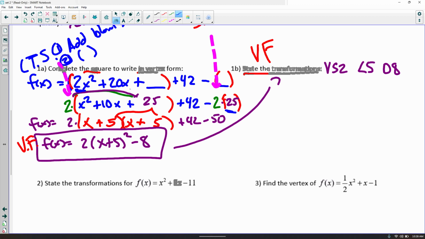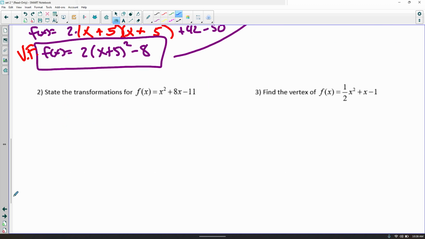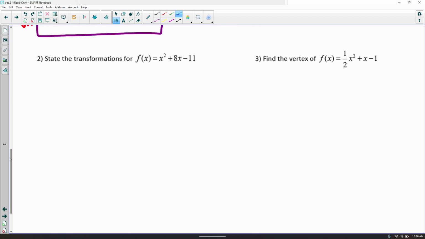Yeah, there is no stretch or compression on the x squared. The x squared is already clean, so it's nice and neat. So I'm going to give you a second to go ahead and complete the square. I'm going to come around and help you on these. Go ahead and complete the square on number 2. We'll get to number 3 here in just a minute.